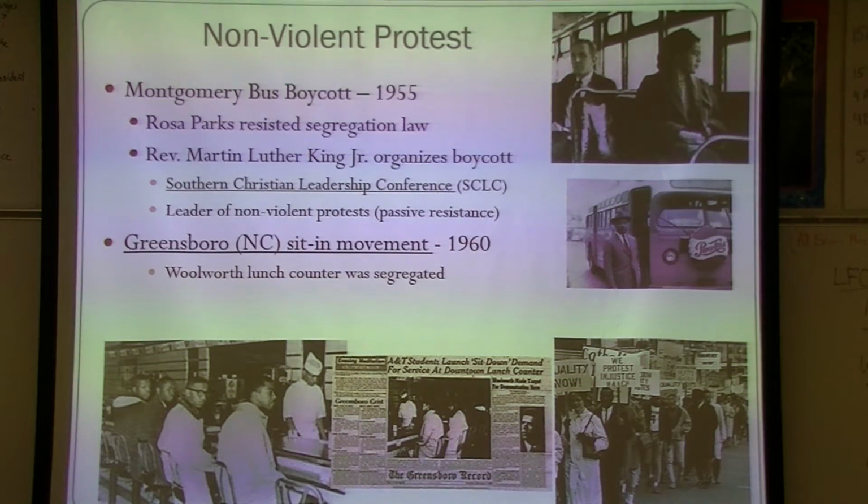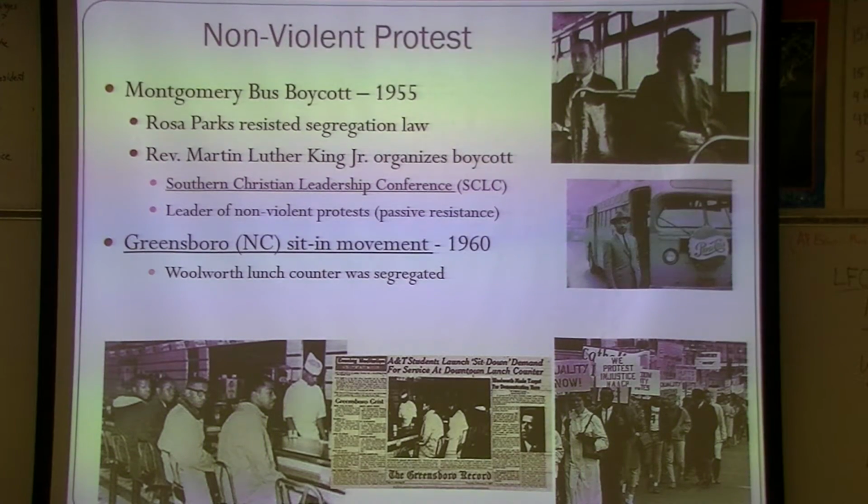Another way of passive resistance is a sit-in here. The Greensboro sit-in, with North Carolina A&T students sitting at the Woolworth lunch counter. What happens with the sit-in is people that are there, they're not being served, they're arrested. Then other people take their place and they're arrested. Ultimately, the business is not going to make money if it's not going to serve them.